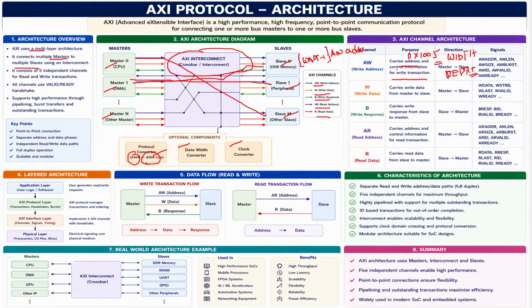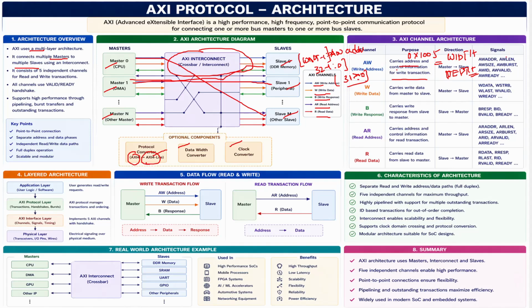So width minus one down to zero. That means your width is 32 bit, so 32 minus one down to zero, that means 31 to zero. So that means a 32 bit address you are sending there. This AW channel, write address channel, also carries control information.